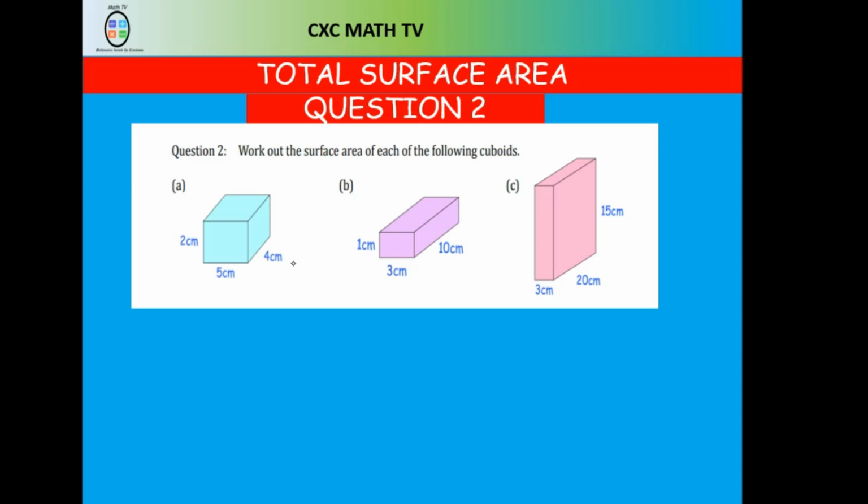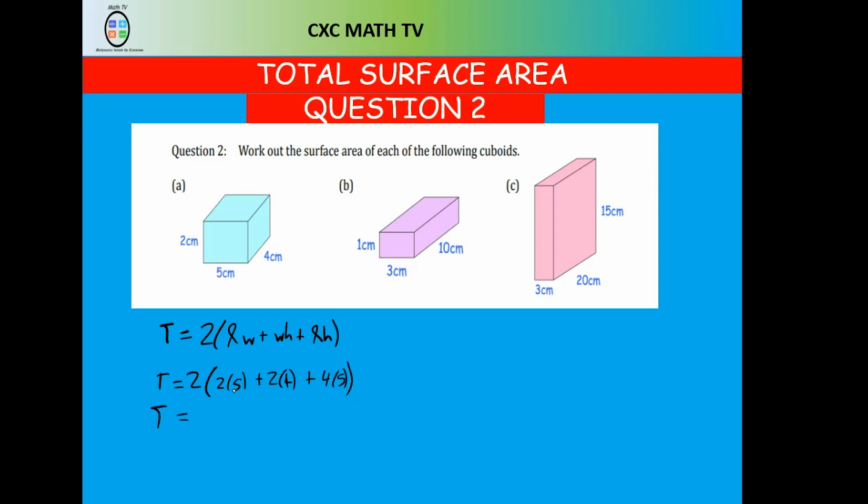Alright, so doing the cuboids, right? So in this case now the total surface area, remember the formula says it's what? It's 2 times the length times the width plus the width times the height plus the length times the height. So the total surface area is going to be 2 times, it is now 2 times 5 plus 2 times 4 plus 4 times 5.